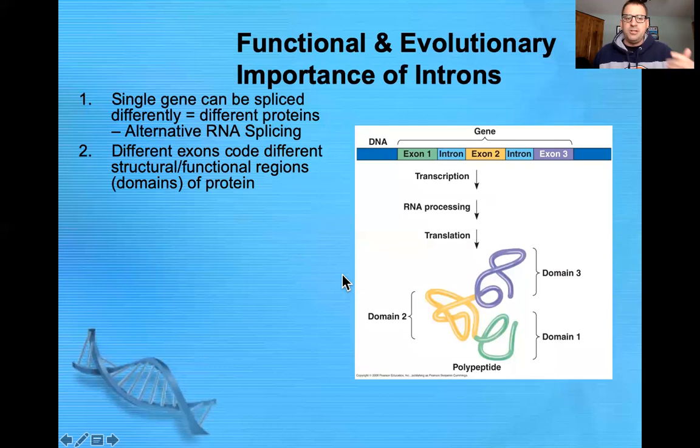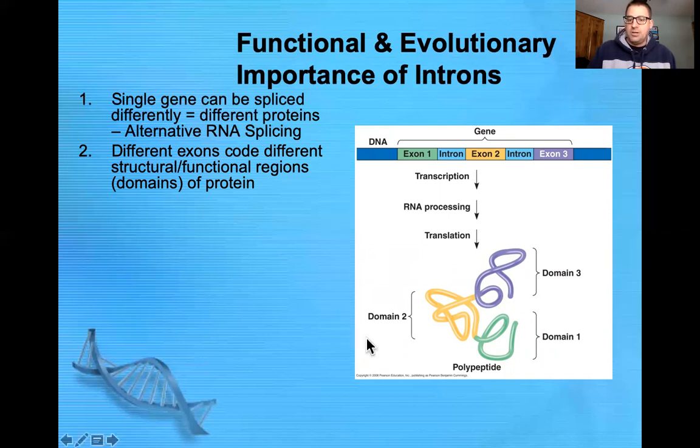In addition, we can have different exons that code different structural and functional regions or domains of a particular protein. So here we have a gene that has 3 different exons, and maybe say this is a membrane protein. That's going to have a receptor region that is outside of the cell, a region that anchors it in the membrane, and then a catalytic portion on the inside of the membrane.